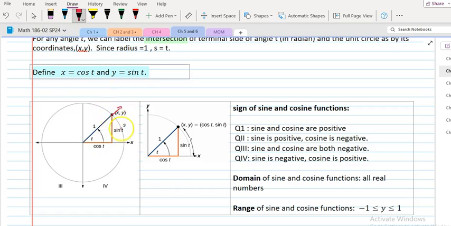Then the angle is t. You can draw the angle multiple times. You can draw it negative. The x value is cosine t. The y value where I cut the unit circle is sine t. So you don't calculate anything. You just draw the angle.